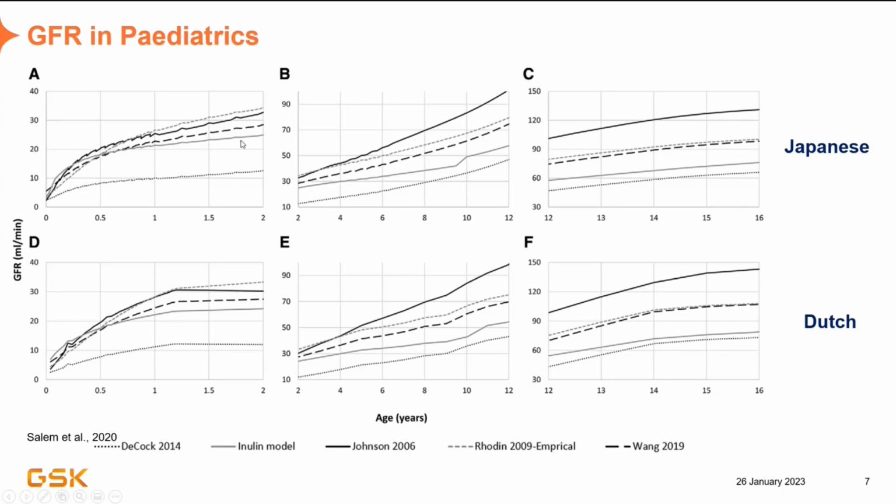Maybe the top three lines are a little bit closer to each other, but when we look at the size of the subjects based on their ethnicity, you can see the lines are crossing each other. So what I'm trying to say here is that the GFR is an age-dependent parameter, and there are also more parameters involved, like the size.